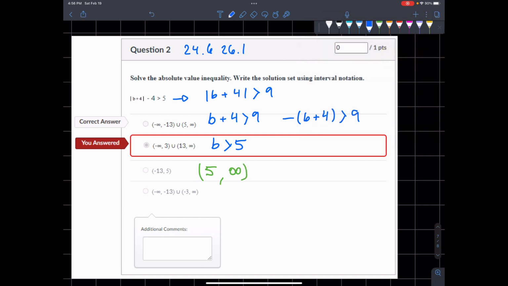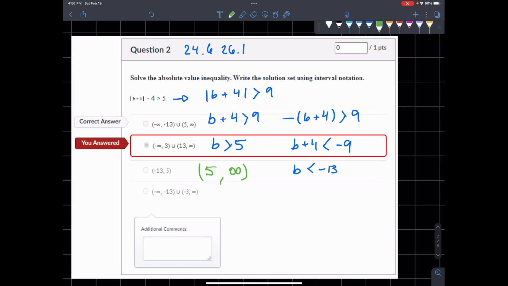Perfect. Then over here, we want to first move this negative sign over here. But when we move a negative sign with an inequality symbol here, we have to flip it. That's just a rule we have to memorize. So we're going to get this. Again, subtract 4 from both sides. We're going to get b has to be less than negative 13.